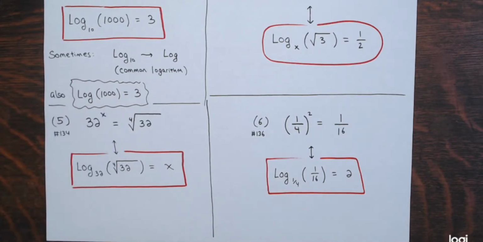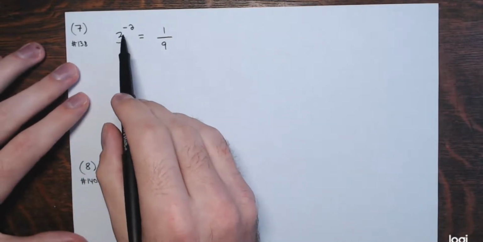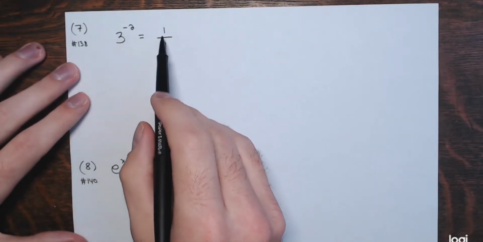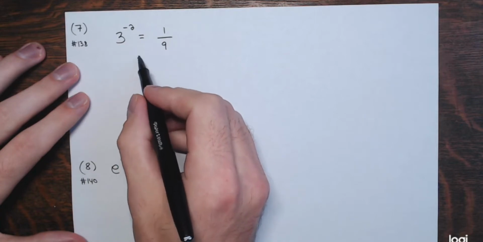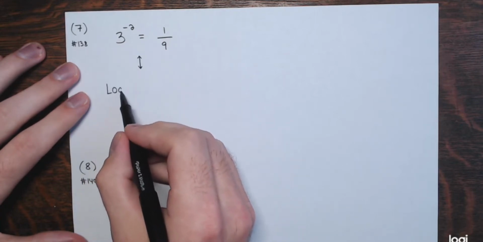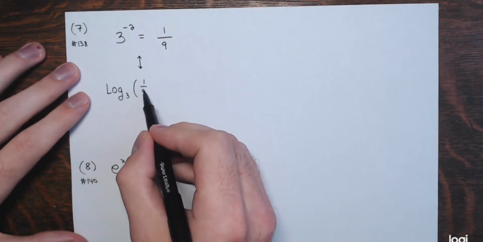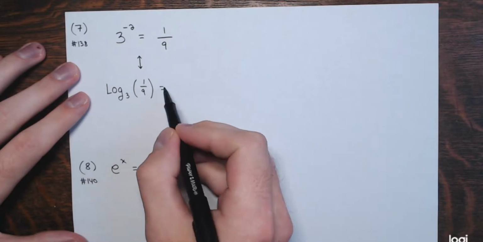All right, just got a couple more of these. Very simple once you get through a few of them, right? 3 to the -2 power equals 1/9. Right, the equivalent logarithmic statement would be the log base 3 of 1/9 equals the exponent on that base of 3.